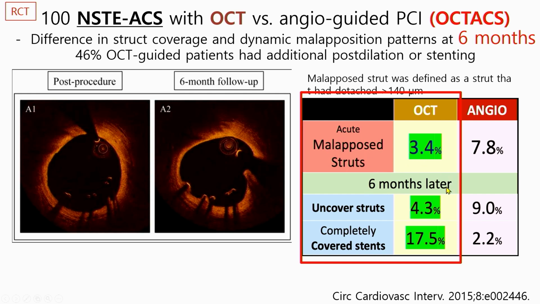At 6 months follow-up, we can also identify uncovered struts, and follow up whether the struts are completely covered or not. So we can see OCT has a better result than angio-guided imaging in the OCTACS study.